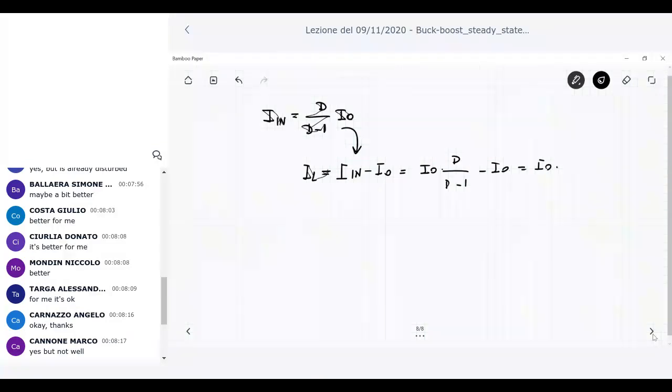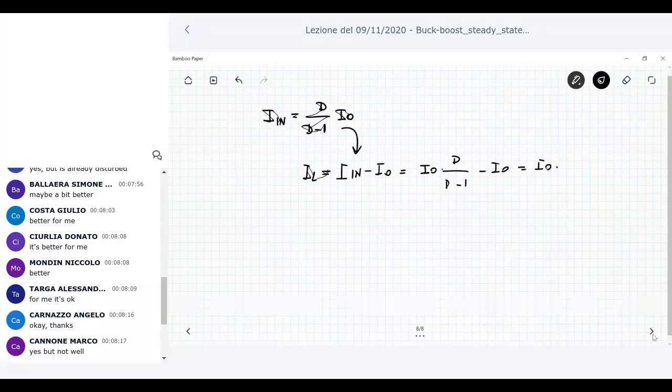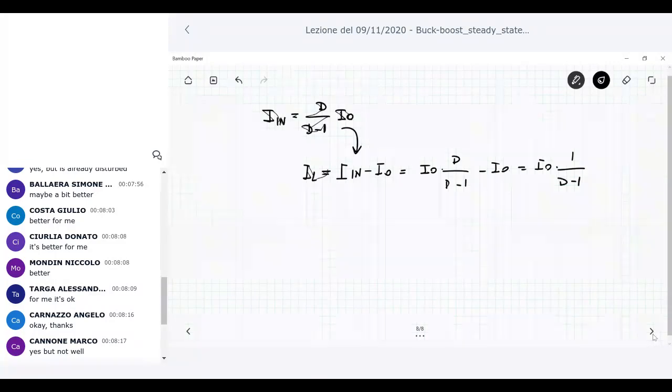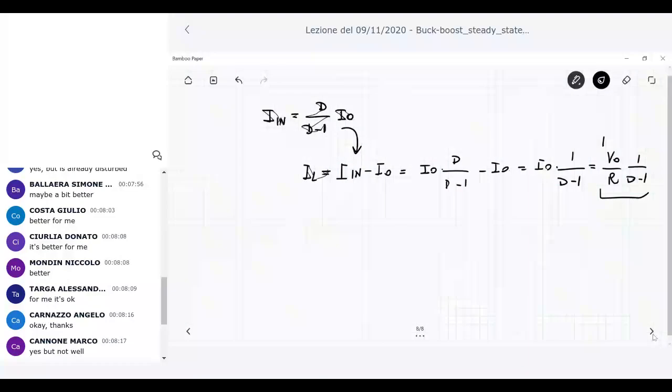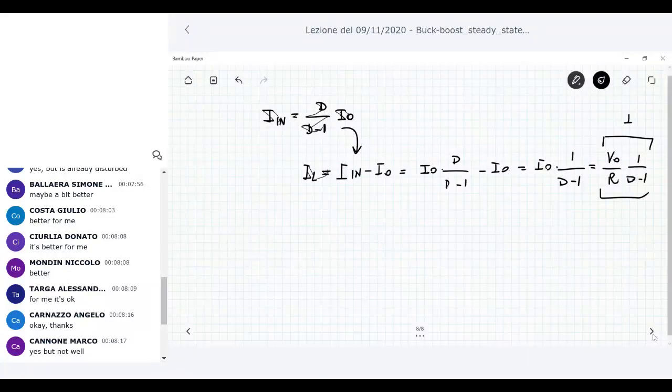So I naught multiplied by 1 over D minus 1. But I naught is V naught over R, so it is V naught over R times 1 over D minus 1. Okay, so this is the expression of the average current flowing through the inductor.